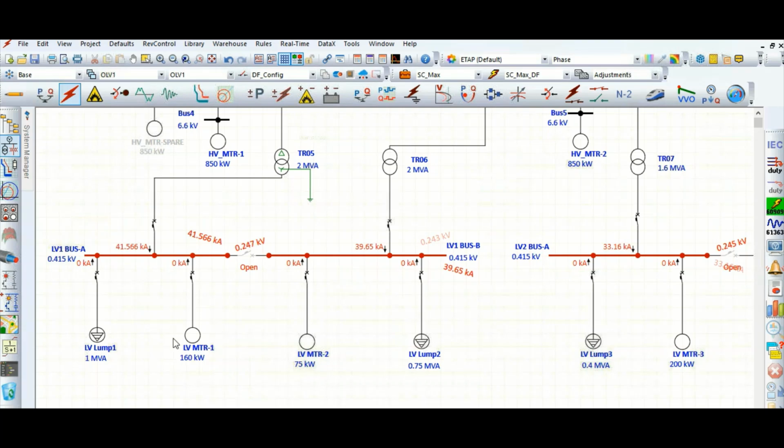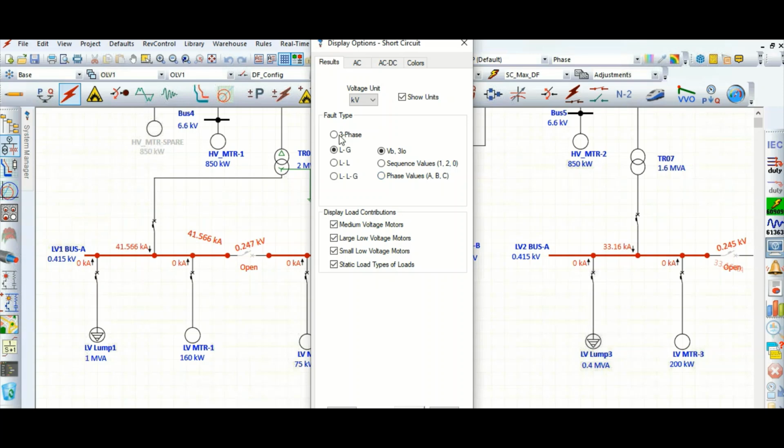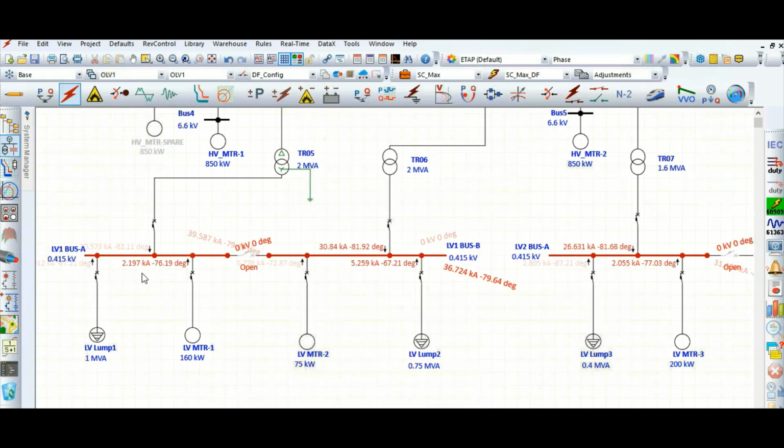That's why during starting of the motor, in the first few cycles, the motor fault current contribution is the highest, which is the three-phase fault contribution. This is 2.197 kA.